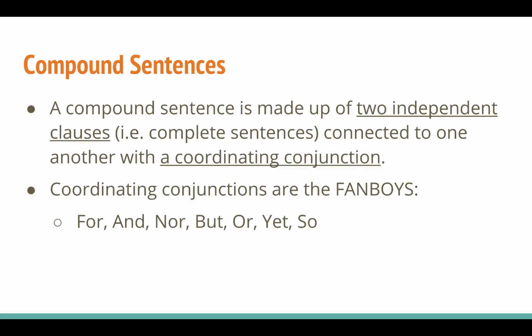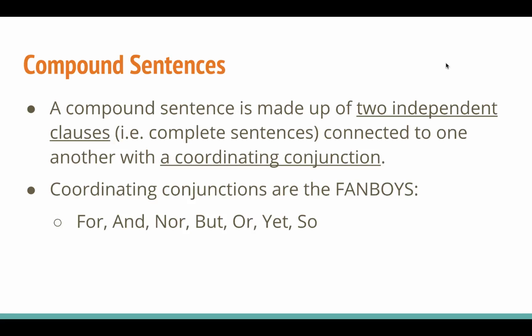Then we have compound sentences. So this is kind of like the next step up from a simple sentence. A little bit more tricky, but we can still get through this. A compound sentence is made up of two independent clauses, two complete sentences, connected to one another with a coordinating conjunction. Coordinating conjunctions are the FANBOYS.